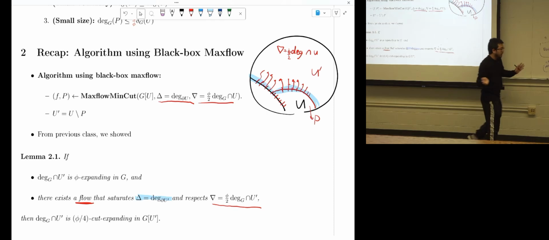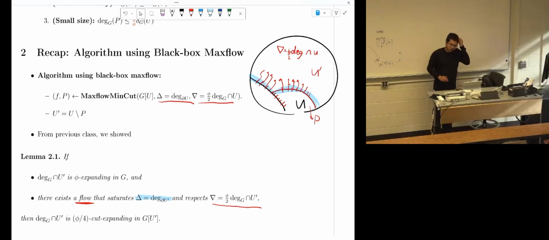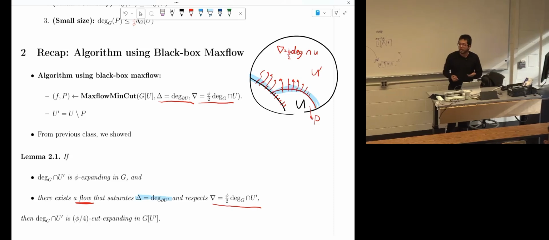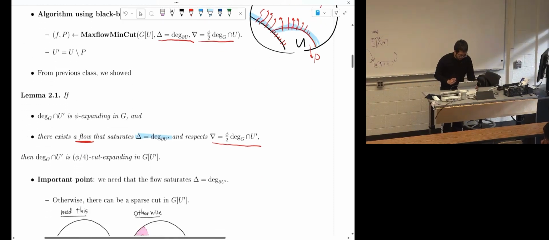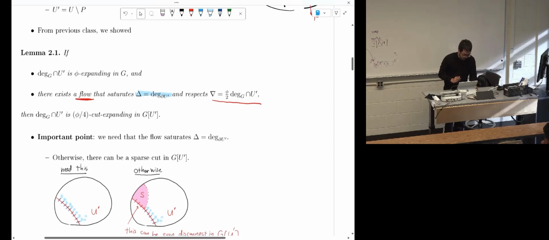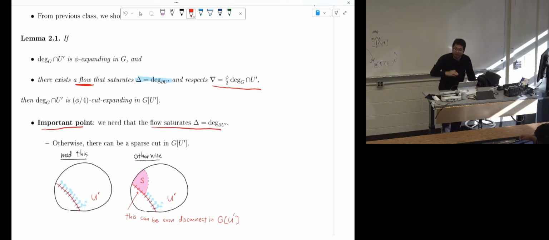And the intuition is clear too, right? I just want to emphasize again that we want the flow that saturates the battery. Every edge in the battery is saturated.